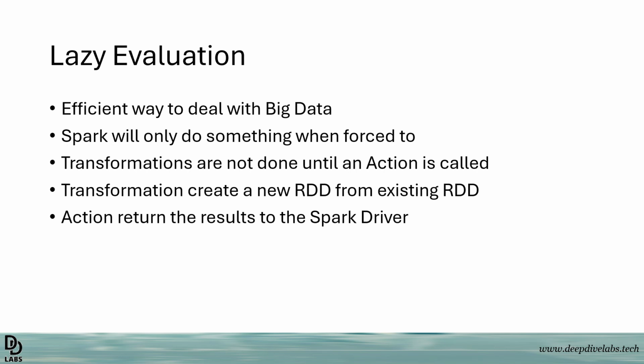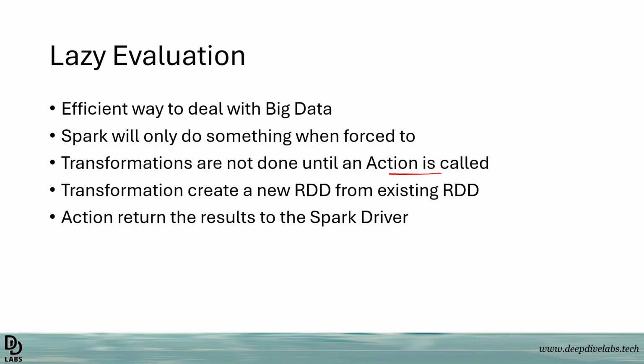All the transformations are lazy, which means you can accumulate multiple transformations, but the execution of them does not happen until an action is called. That is very important. Transformations are not done until an action is called. A transformation creates a new RDD from an existing RDD.